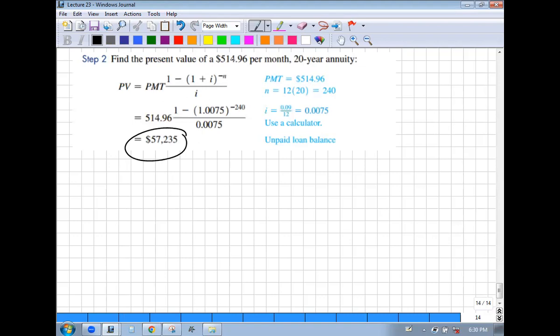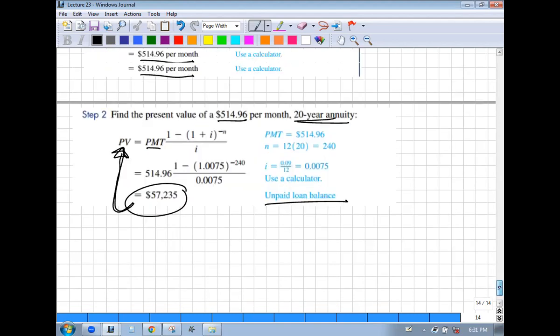So if we pay this much for 20 years, that's like if we had put in 57,000 today, all right? It's what the equality means, it's equivalent to. So $514 a month for 20 years with that interest rate is equivalent to paying off $57,250, whatever, $57,000 today, all right? So that's the unpaid loan balance.